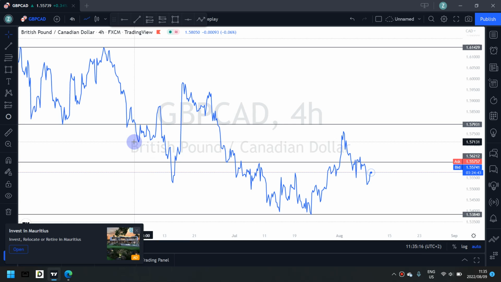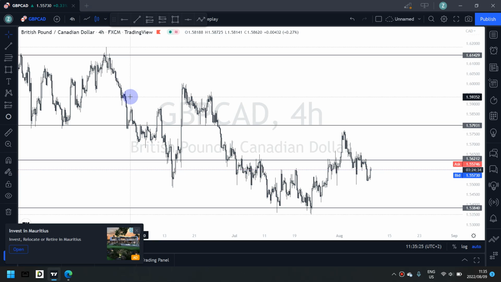So now let me switch back to candlesticks to identify the market structure, the overall direction of the market, right?